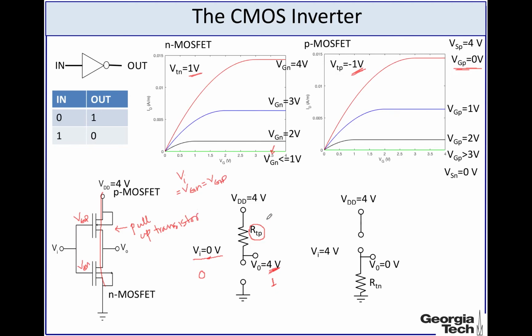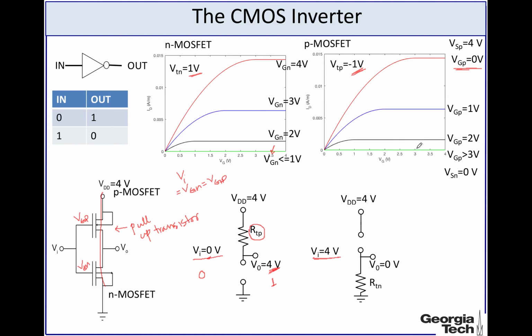All right. Now let's see what happens when your input voltage is 4 volts. If the input voltage is 4 volts, then VGP is 4 volts, and the current through the p-type MOSFET, whatever the drain voltage is, will be 0.